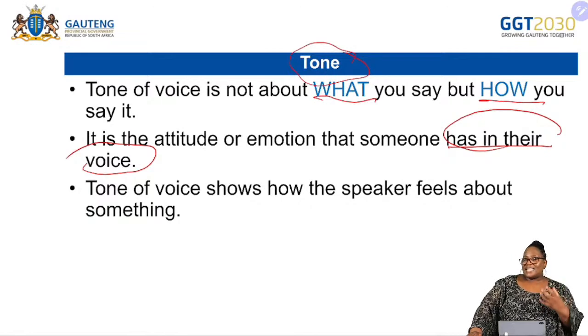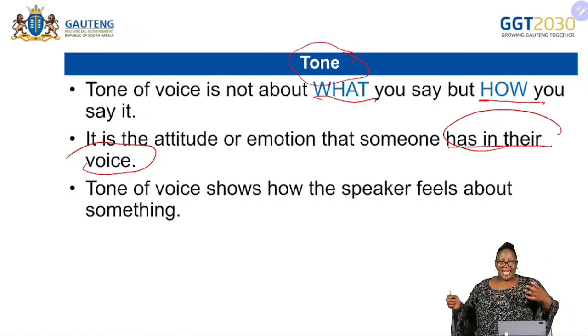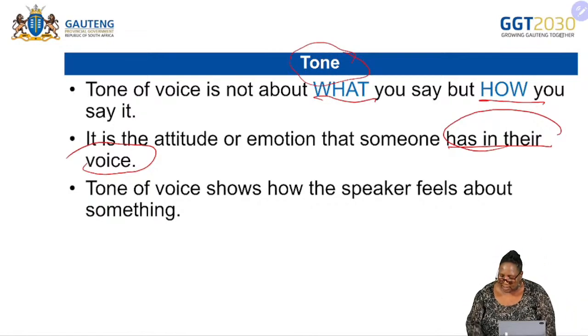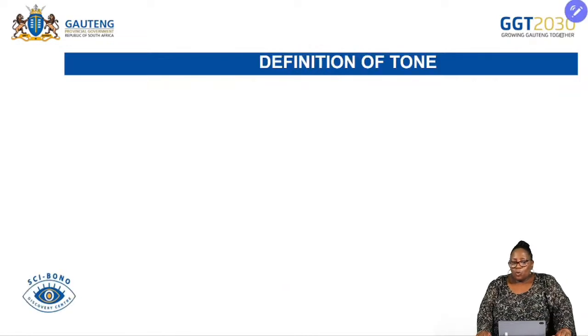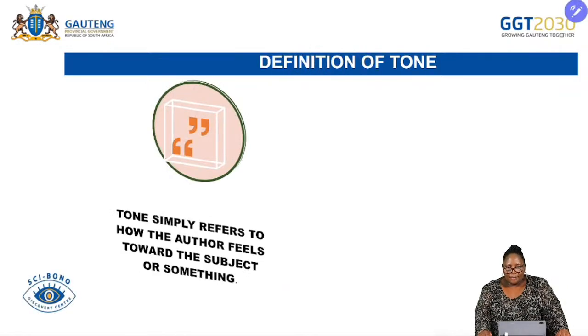We can immediately say that you are passionate about something, or you are angry, or you are frustrated, or you are sad. So we look at the words, and the words have what? You can attach emotion in the words used.